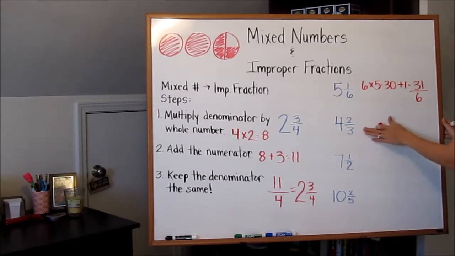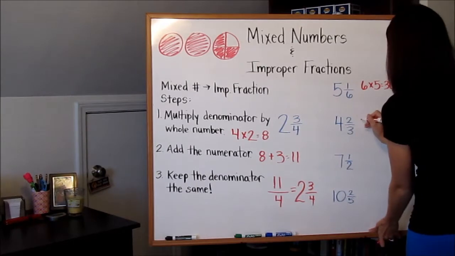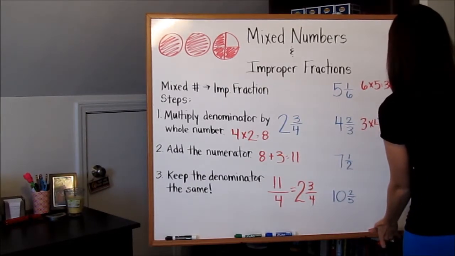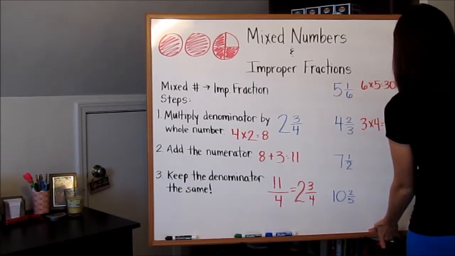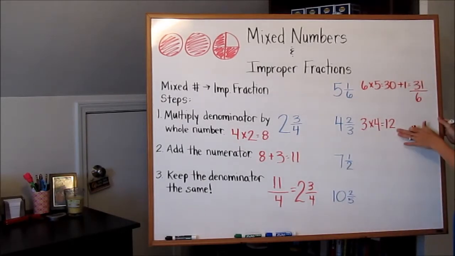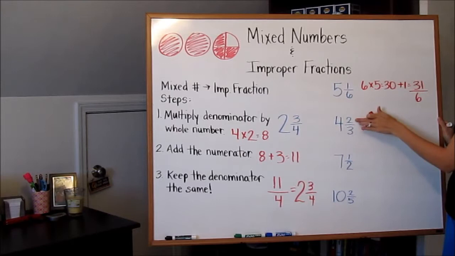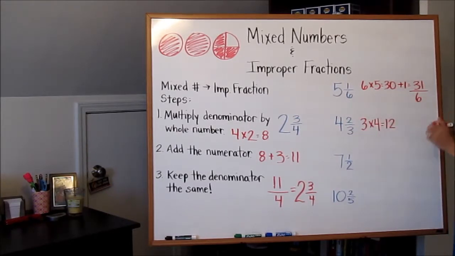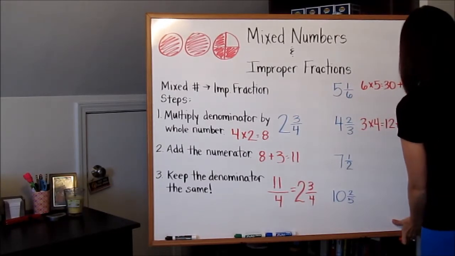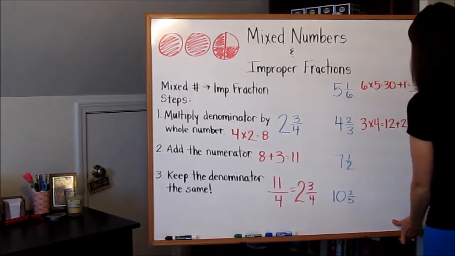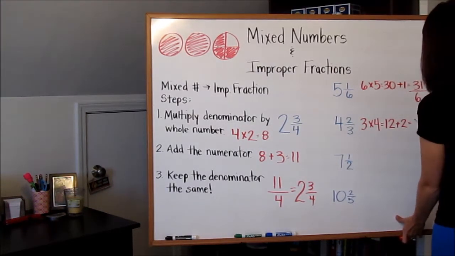Okay? So on this one, first step, I need to multiply 3 times 4, which gives me 12. And then my next step, after multiplying my denominator and my whole number, is to add my numerator. So 12 plus 2 is 14.